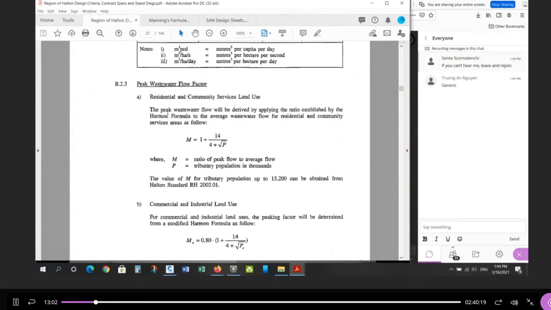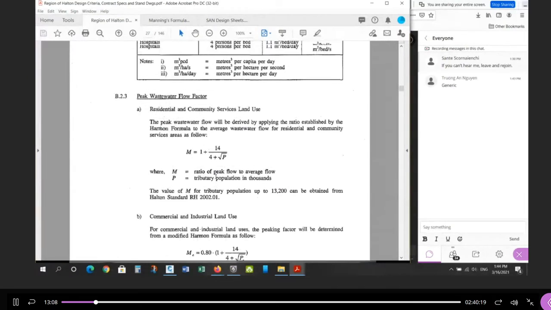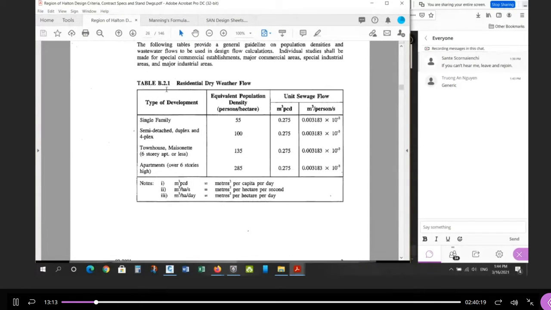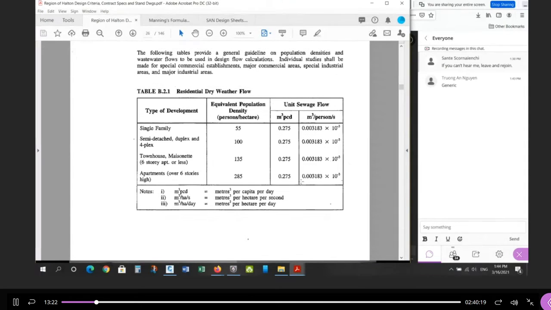The peaking factor comes from residential. So B23 part A is the residential peaking factor. And then if you look up here on table B21, you'll see the residential dry weather flow per person, cubic meters per person per second. Okay, so you need to know where all this comes from.